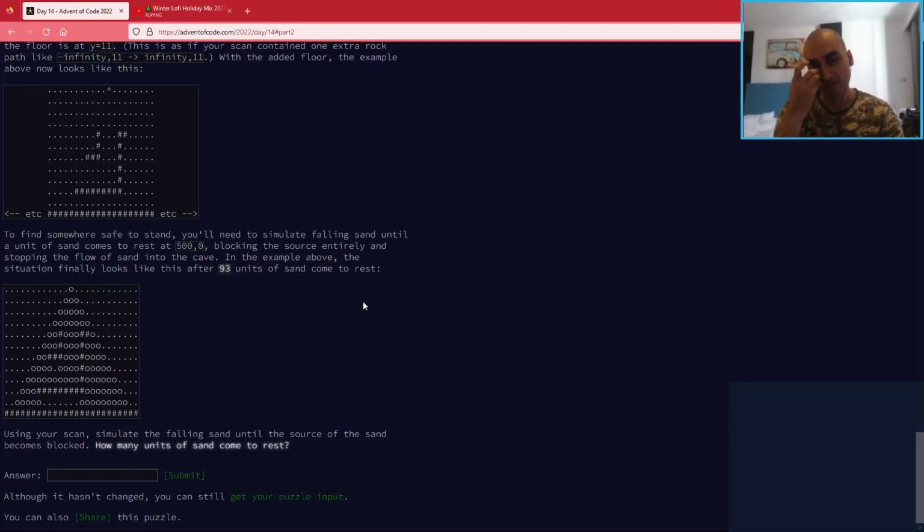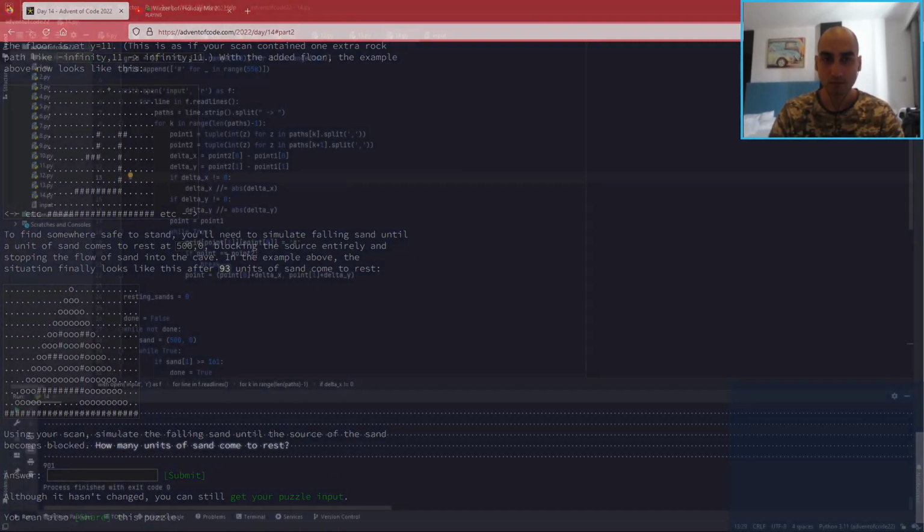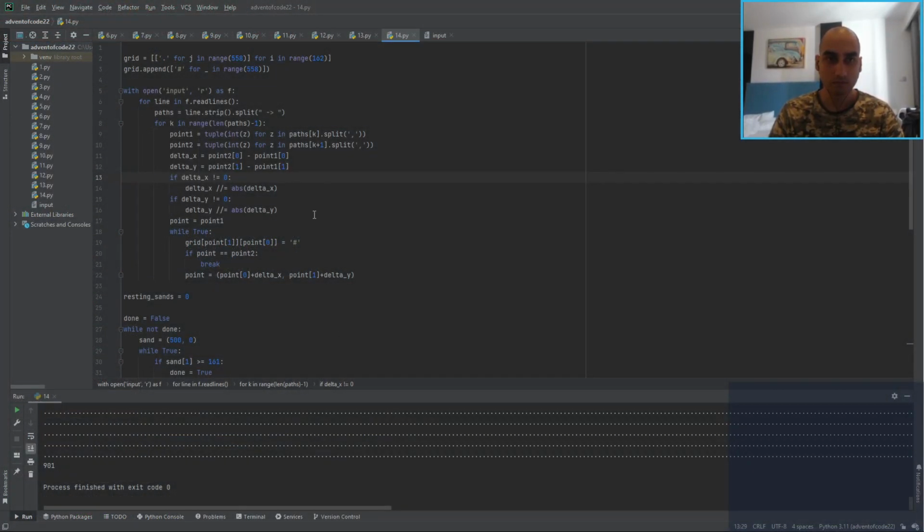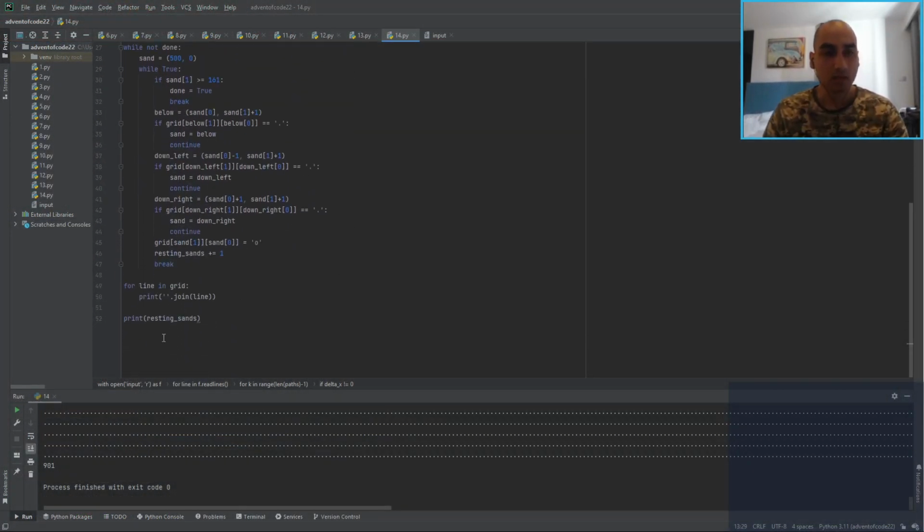So instead of making an infinite map, which you could do with hash maps, I'm just going to be lazy and just keep widening it until it's wide enough. Well, we'll see. 160 height would also mean 160 width either side, so it won't need to be wider than that much.